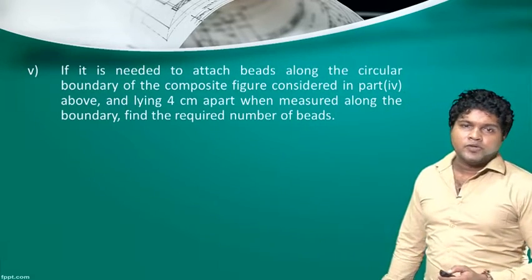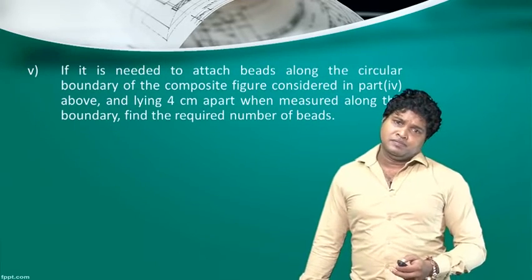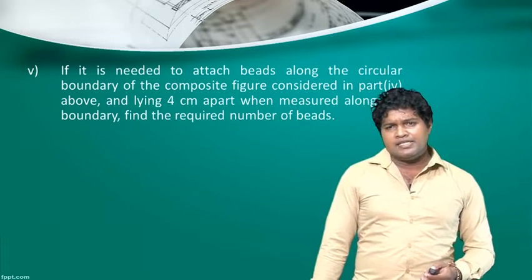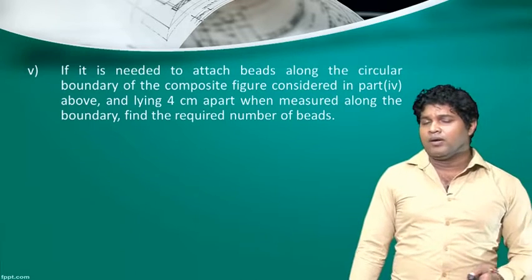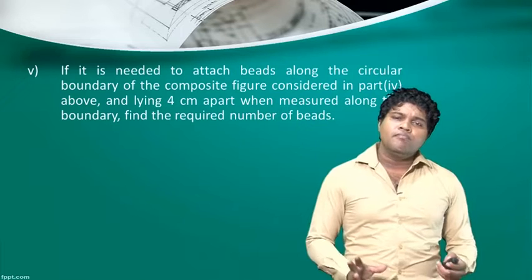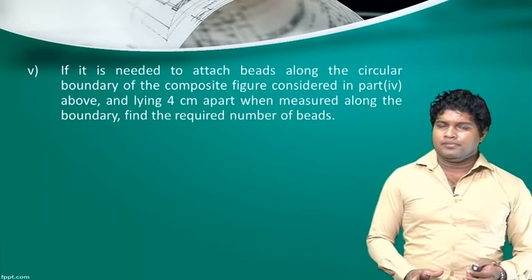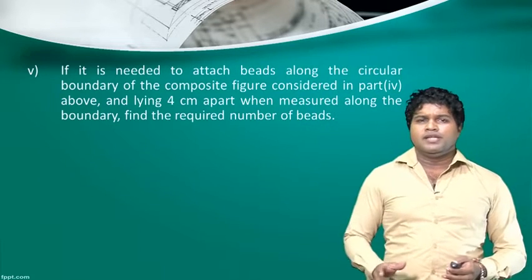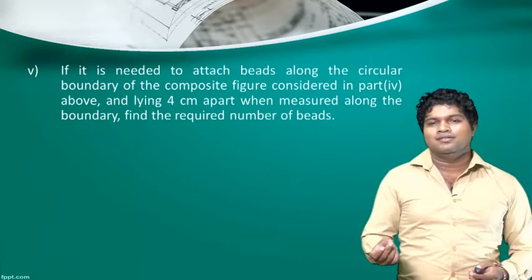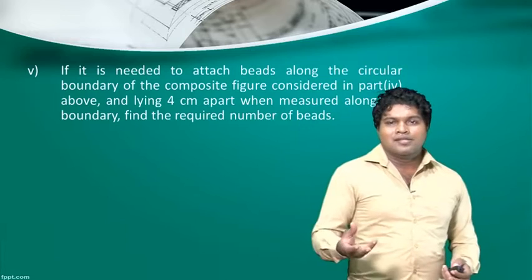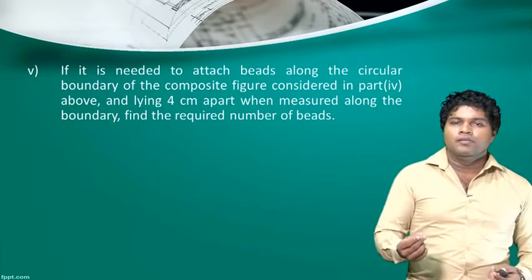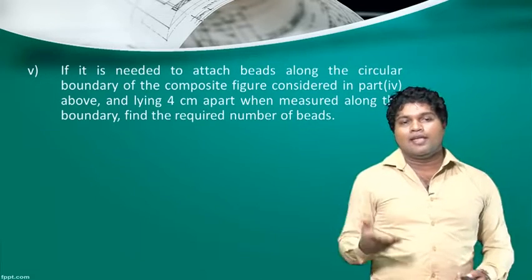If it is needed to attach beads along the circular boundary of the composite figure considered in part 4 above, and they are 4 centimeters apart when measured along the boundary, find the required number of beads. Oh, it's advanced, it's difficult to understand. That's the reality. For the normal students, you have to pay careful attention to what they ask in the question.